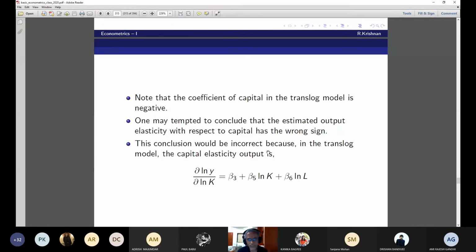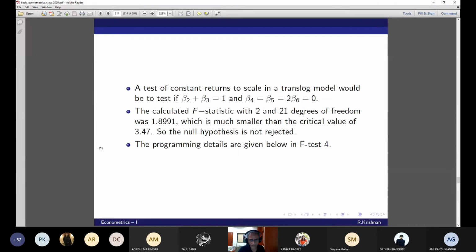One may be tempted to conclude that the estimated output elasticity with respect to capital has a wrong sign. Can we say this because of the negative? Yes, sir. But see the third bullet point. This conclusion would be wrong because in the translog model, the capital elasticity of output is calculated this way. Can you see this from the model?